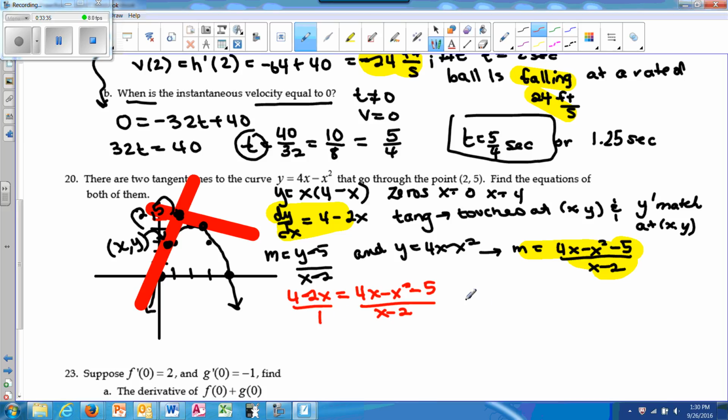We also know that y has to equal 4x minus x squared. So that means that our slope is 4x minus x squared minus 5 over x minus 2. In order for this to be tangent, the tangent slope and the Algebra 1 slope have to match. That means that we can set them equal.